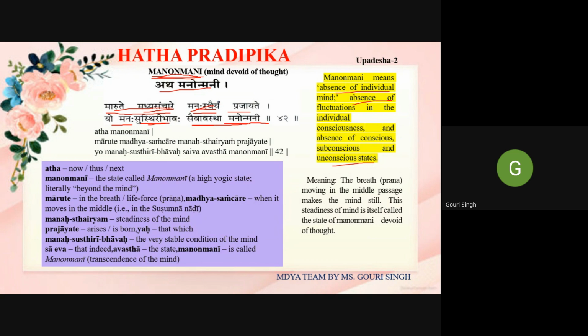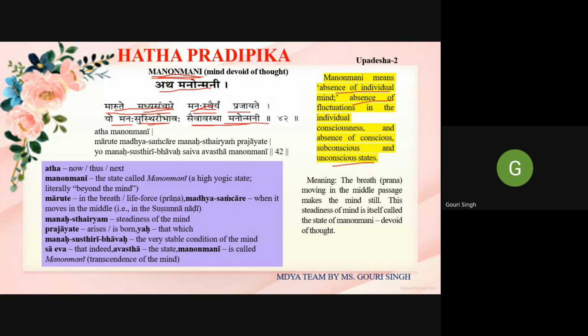So whenever the prana flows in the Susumna Nadi, piercing all the chakras and all the blockages, the prana reaches the Sahasrara chakra. What is the mind situation of that practitioner?